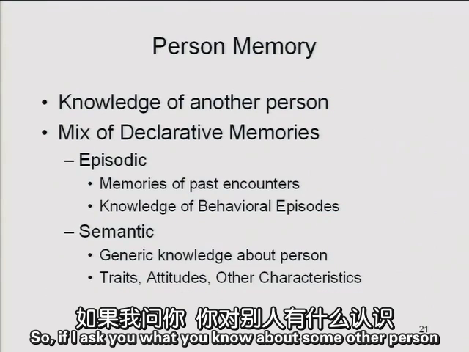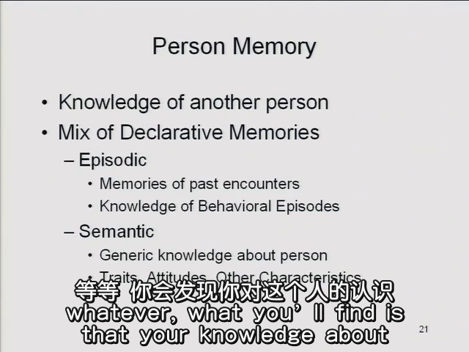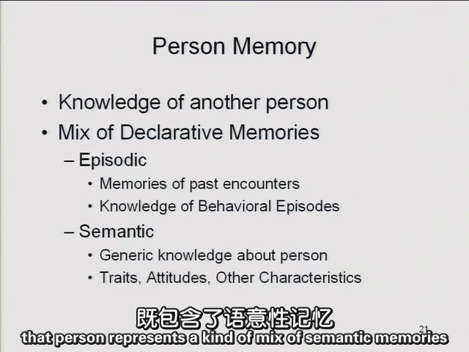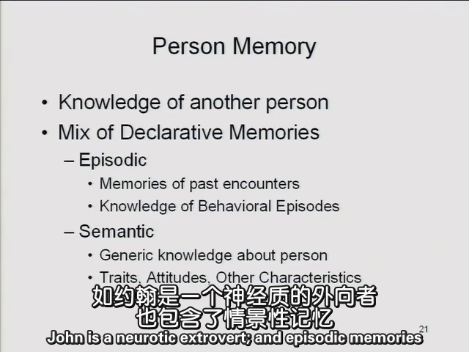So, if I ask you what you know about some other person, your roommate, your boyfriend, your wife, whatever, what you'll find is that your knowledge about that person represents a kind of mix of semantic memories, knowledge about what that person is like in general. John is a neurotic extrovert.